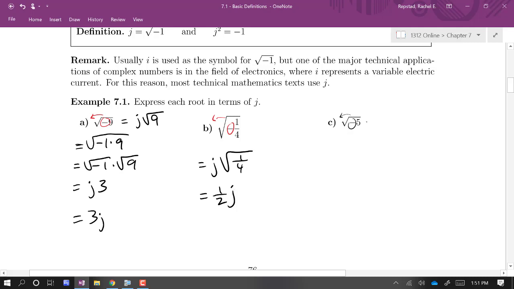I'm going to take out that negative, comes out as a factor of j, and then we just have root 5 left over. Root 5 is not a perfect square, so I'm just going to leave that. Now here I write the j in front of this radical because I think it makes it more clear. There's no possibility that somebody will think that the j belongs under the radical, which can sometimes happen if we write the j on the other side.